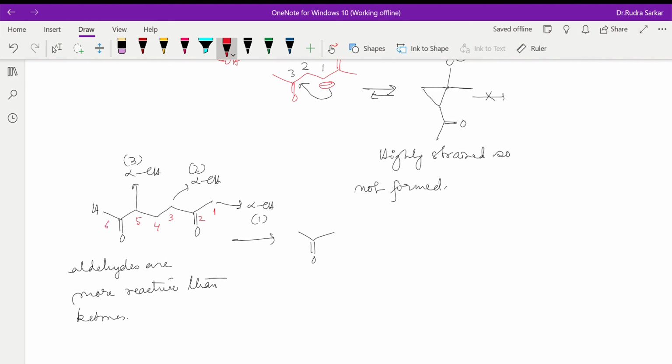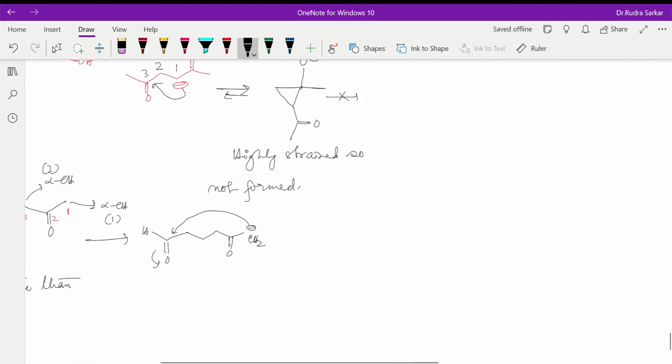Okay, so what I will do is, suppose this is my CH2. Now that can attack here. Obviously this will open up. Now 1, 2, 3, 4, 5, 6. I will make a 6-membered ring.